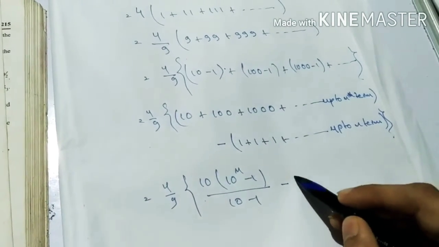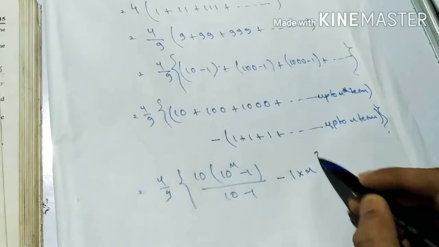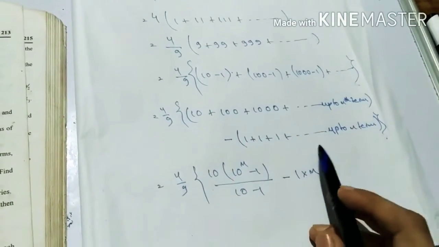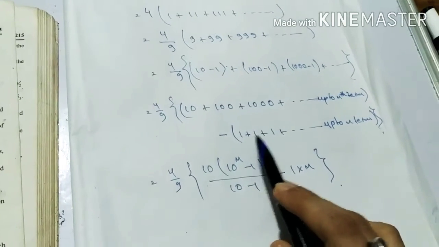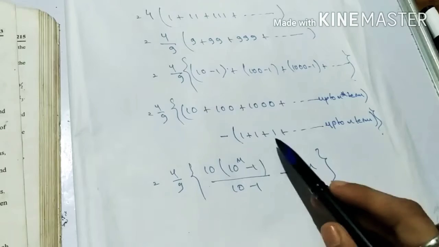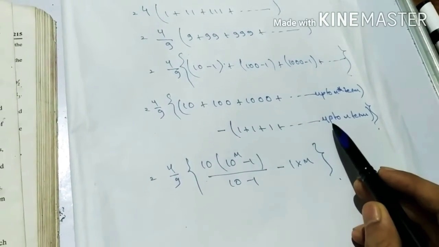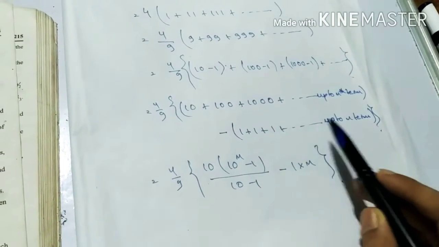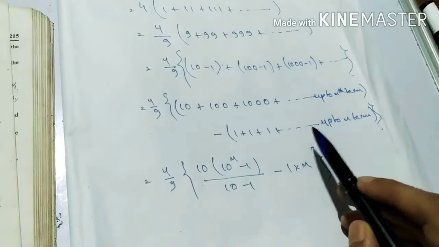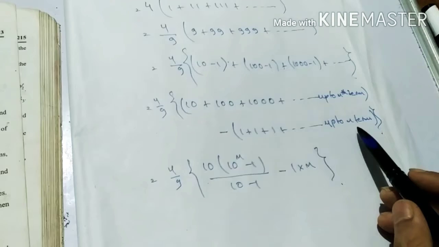So this one I will do as 1 into n. How many times am I adding 1? N times. 1 plus 1 plus 1, like that up to n terms.